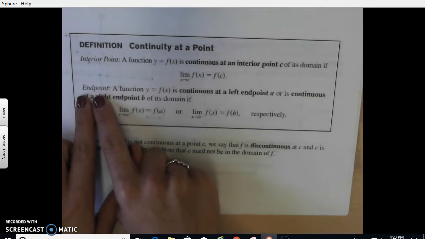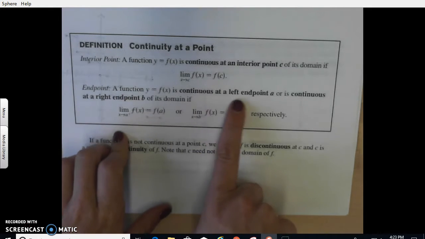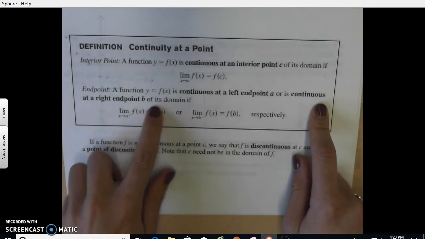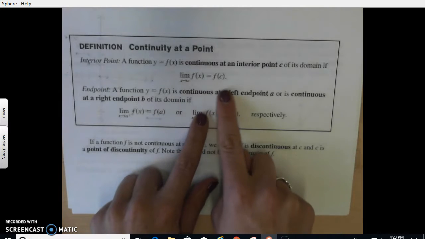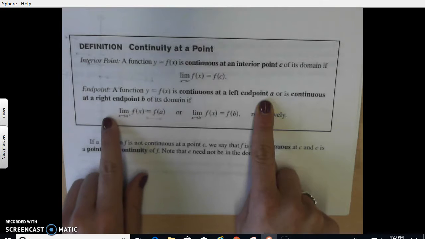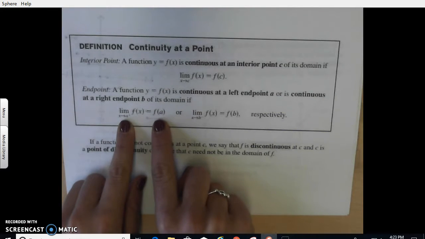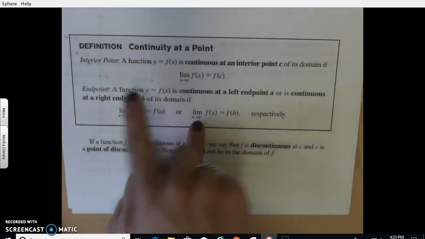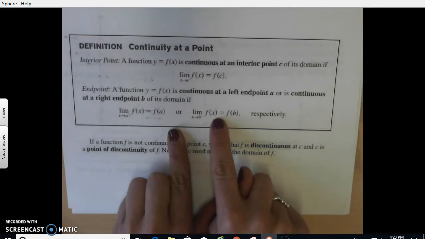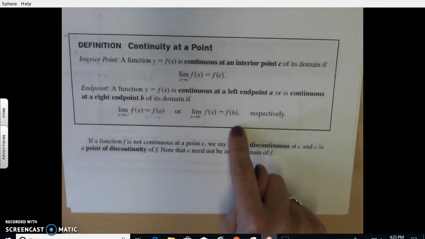And if it's an endpoint, the function y equals f of x is continuous at a left endpoint a, or continuous at a right endpoint b of its domain, if, first for left endpoint a, the limit of f of x as x approaches a from the right is equal to f of a. And for a right endpoint b, we need the limit of f of x as x approaches b from the left to equal f of b.